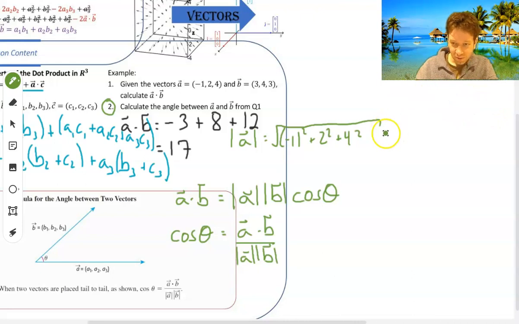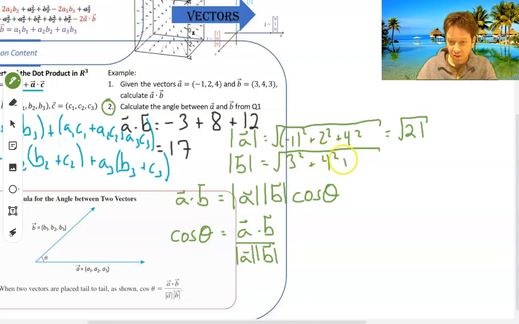And we get the square root of 21. We can do the same thing to find the magnitude of B. The magnitude of B is the square root of 3 squared plus 4 squared plus 3 squared. This gives us root 34.